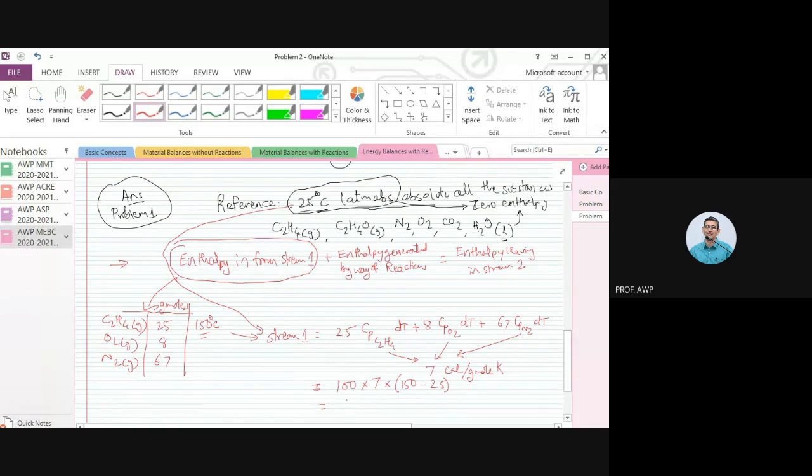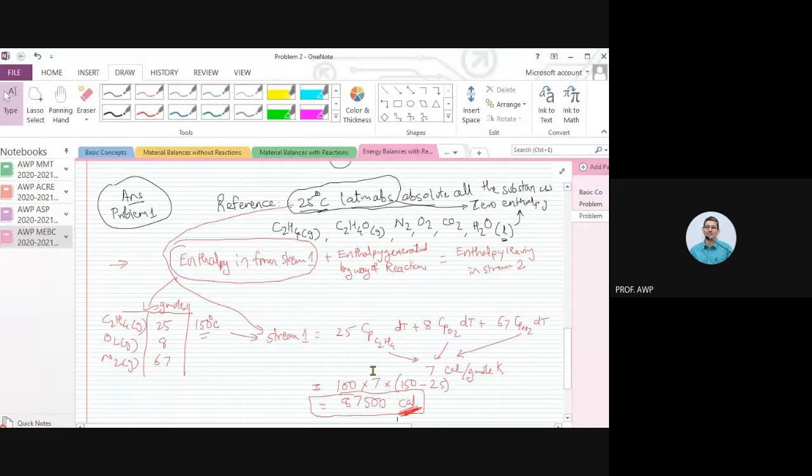So this is 87,500. It is in calories. If you want to write it in kilocalories, you can, or if you want to keep it in calories, you can. But make sure you have written the units properly, because the heat of reaction is given in terms of kilocalories.